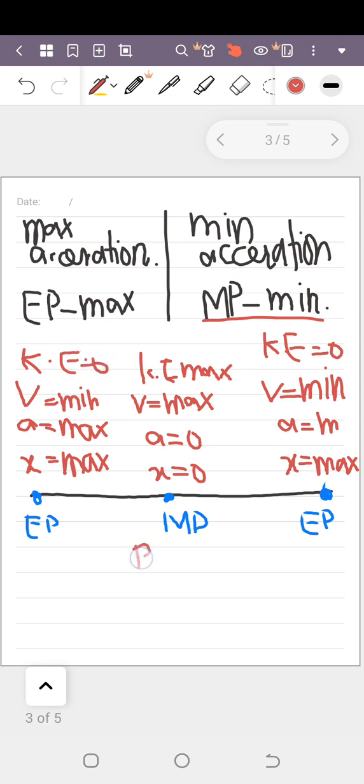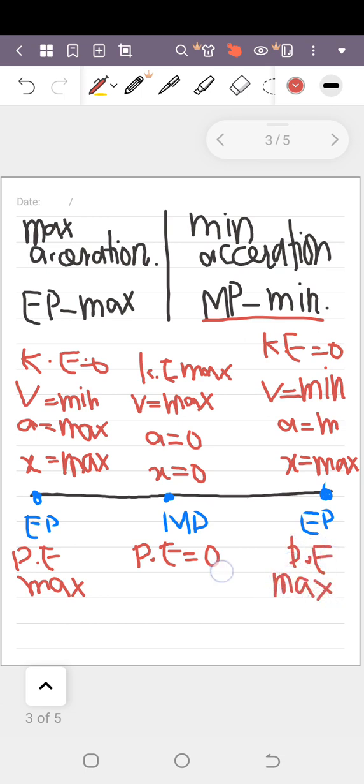Last, at the mean position the potential energy is zero. Oh sorry, potential energy is maximum at the extreme position. As you know, potential energy and kinetic energy are inversely related. So at the extreme position, the kinetic energy is zero and potential energy is maximum. At the mean position, the kinetic energy is maximum, so potential energy is zero.